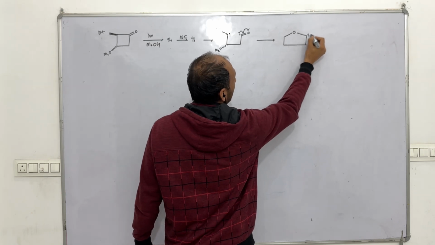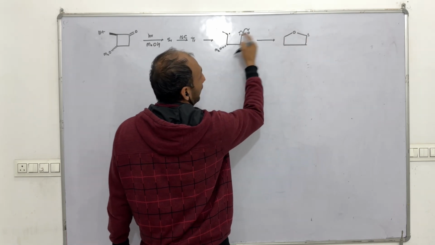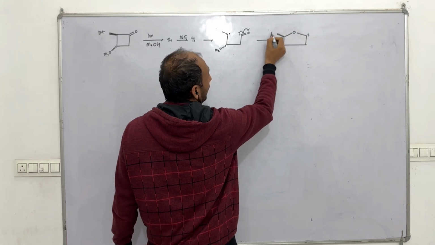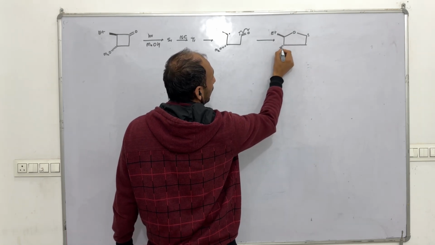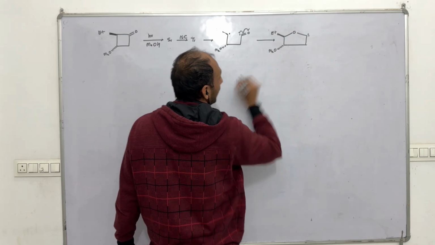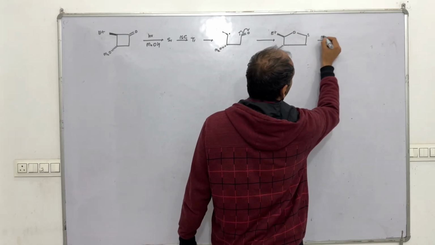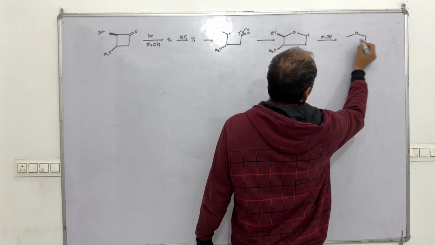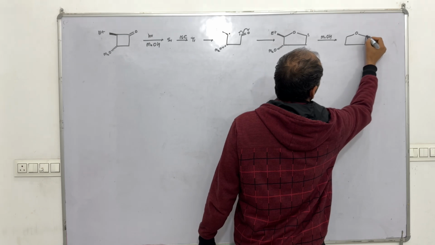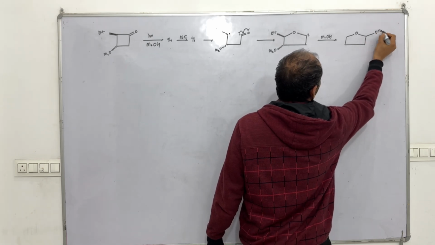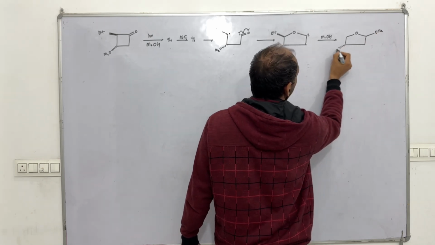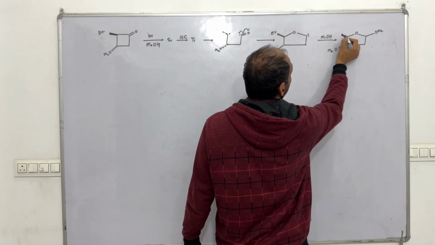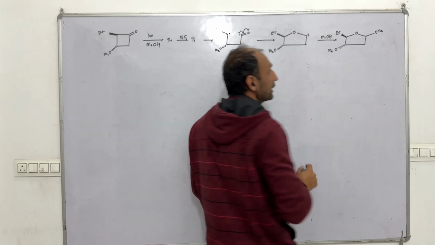So you have this pair over this side, ethanol, O methyl, and when you have MeOH, so you have OMe. So O methyl, and this is an ethyl group.